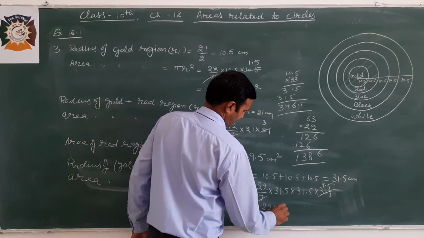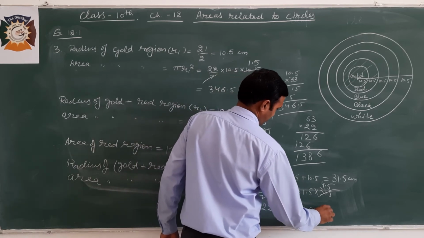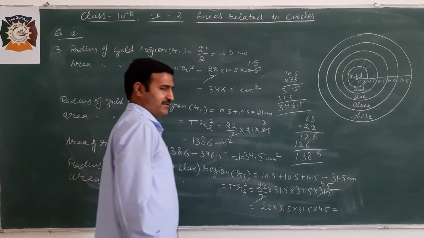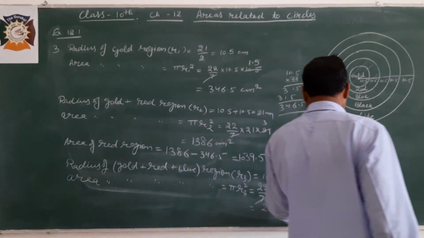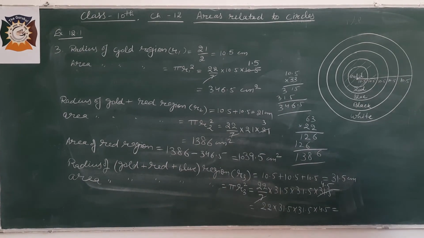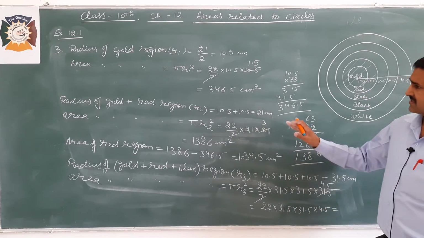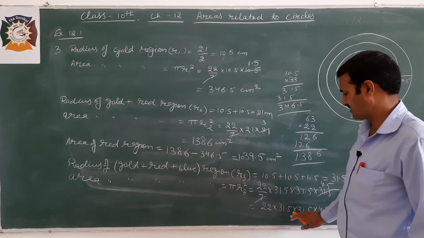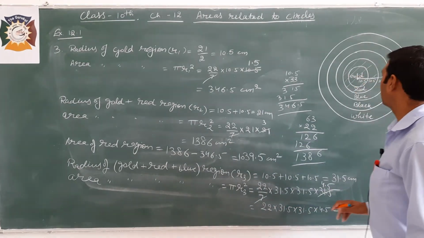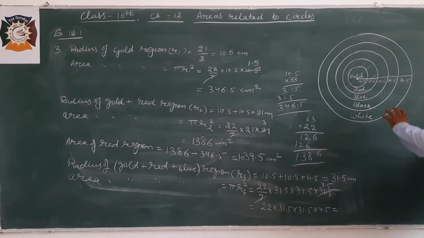22 multiply 31.5, 31.5 multiply 4.5. So we can find easily on calculating. Multiply these and we can find its area. And for the blue region we will subtract this area of red and gold region from this. Then we can find the area of blue region easily, and similarly we can find the areas of all the regions separately.